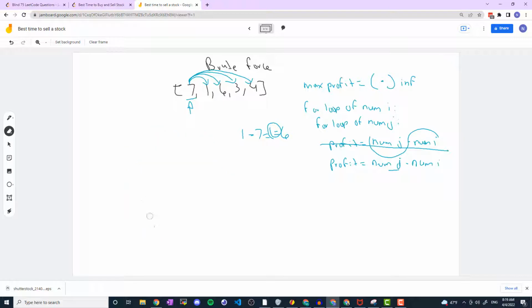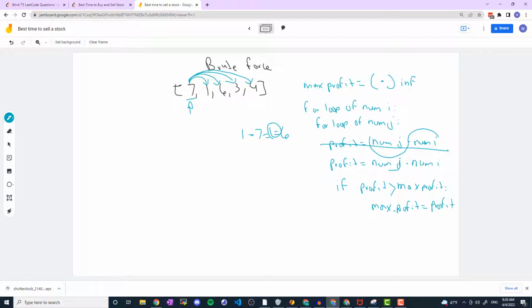So what we're missing in our algorithm is the final comparison: if profit is more than max profit, we're going to replace max profit with profit.